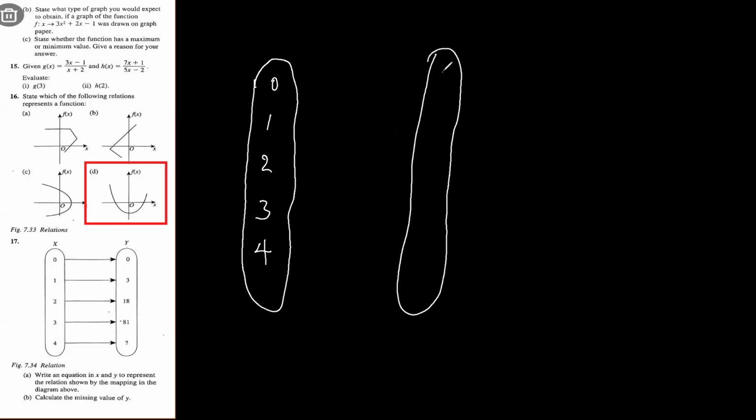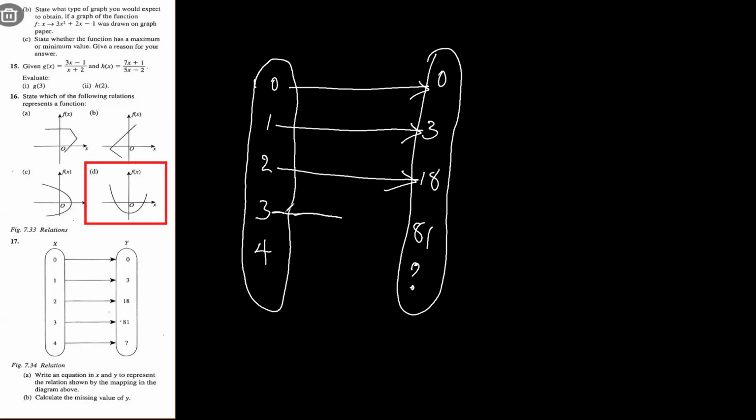And in your range, you have 0, 3, 18, 81. What is the last one? So we have 0 mapped to 0, 1 mapped to 3, 2 mapped to 18, 3 mapped to 81.